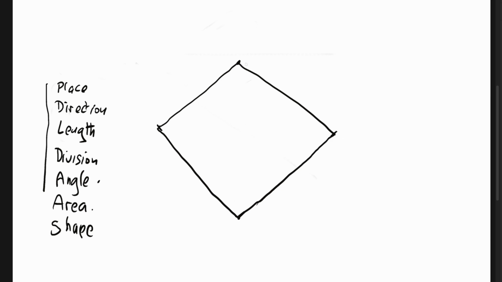Where it is, how long it is, where it is relative to other things. So we could add another thing, which is relative position, 2 other lines.